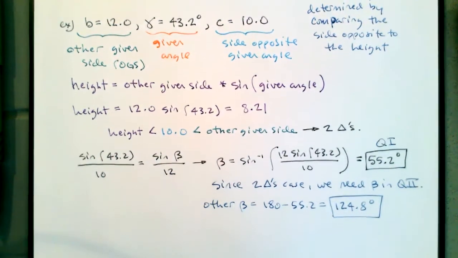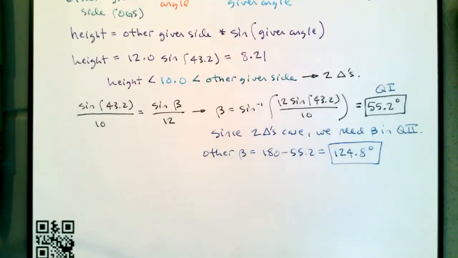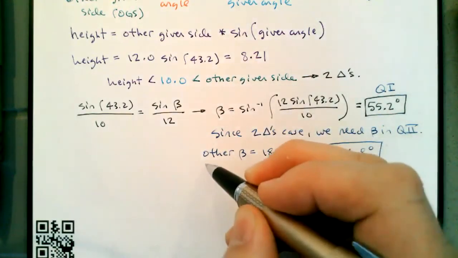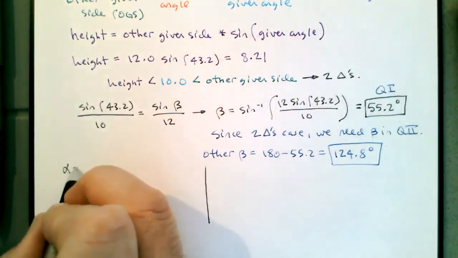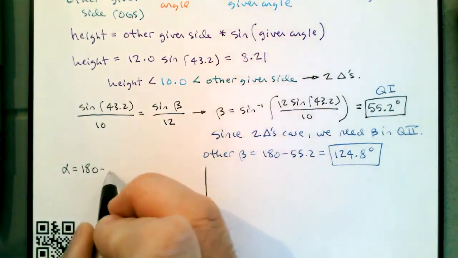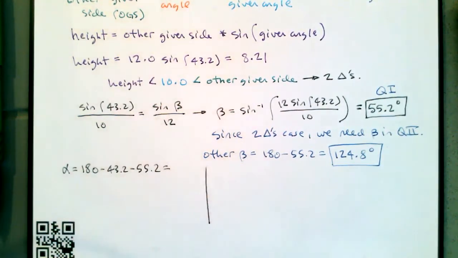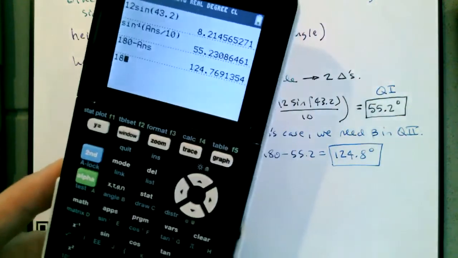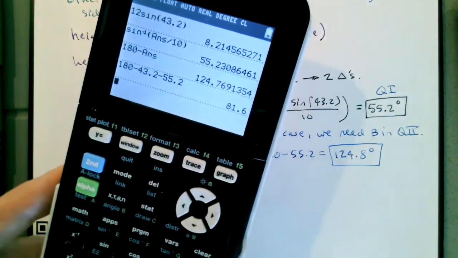Once we have two angles, a gamma and a beta, the problem is now split into two parts. On one side, I've got to find my alpha by subtracting. I have two angles, so I subtract to find the third. 180 minus 43.2 minus the 55.2. So that is 81.6.